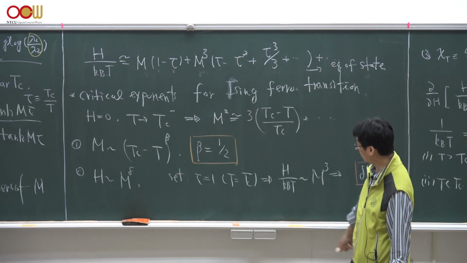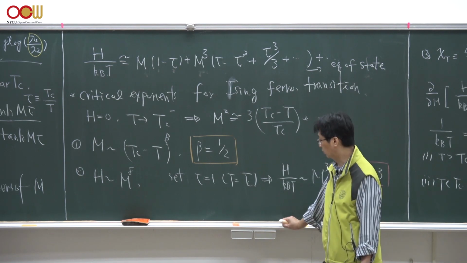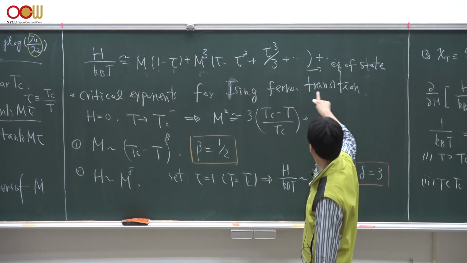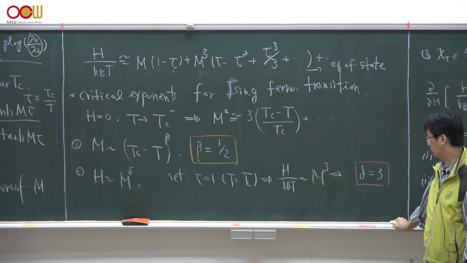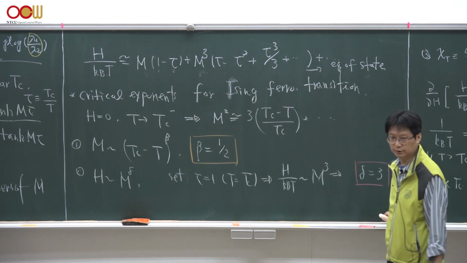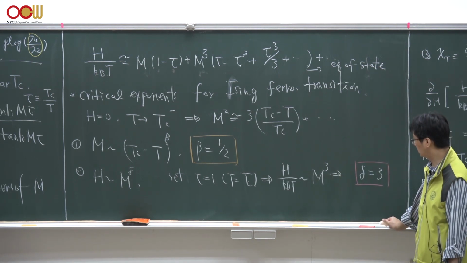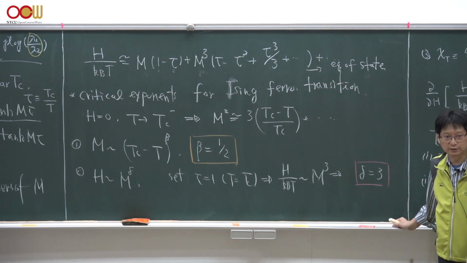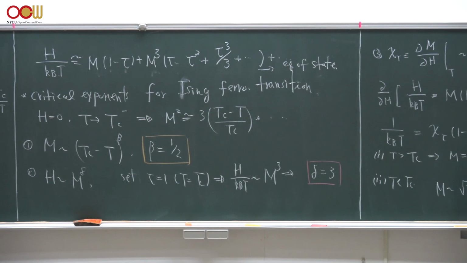And by setting this condition at the critical temperature but a finite small field, and going back to this equation of state, you could easily see that this field divided by kBT is actually proportional to magnetization to the power of 3, the cubic dependence on this magnetization. And this delta is actually 3, and it is the same delta that we found with this toy model.